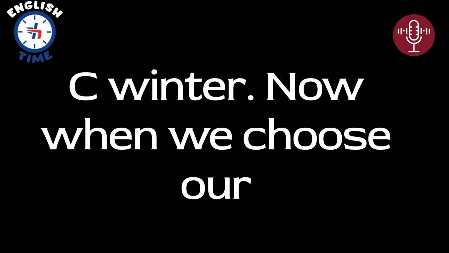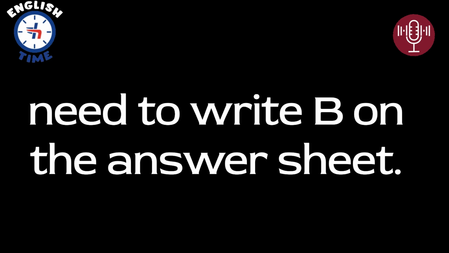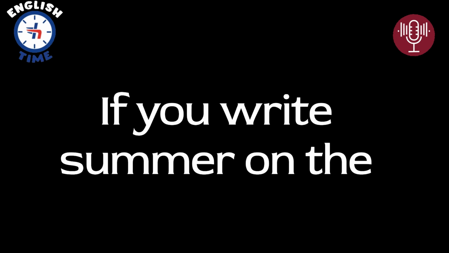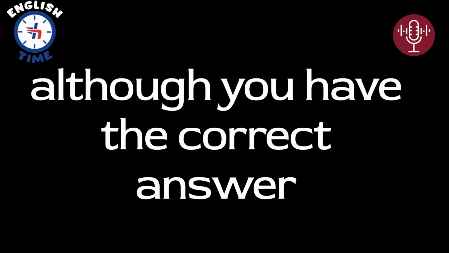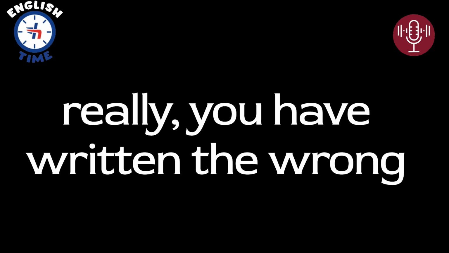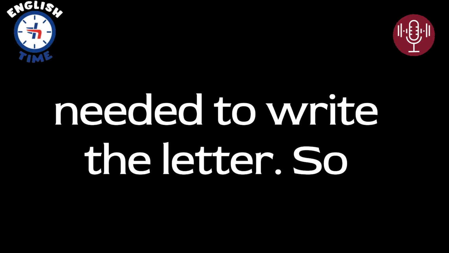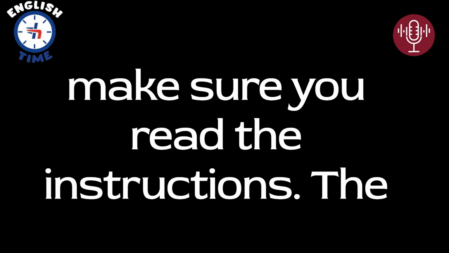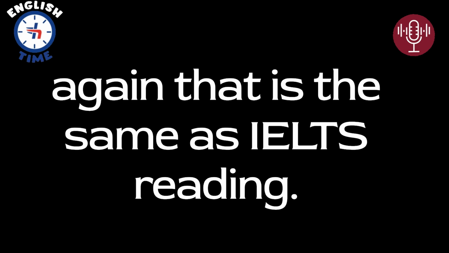Now, when we choose our answer, for example, B, we need to write B on the answer sheet. If you write summer on the answer sheet, it is marked wrong. So although you have the correct answer, really, you have written the wrong answer on your answer sheet because you needed to write the letter. So make sure you read the instructions. The instructions will tell you if you're going to write a letter or a word. And again, that is the same as IELTS reading.